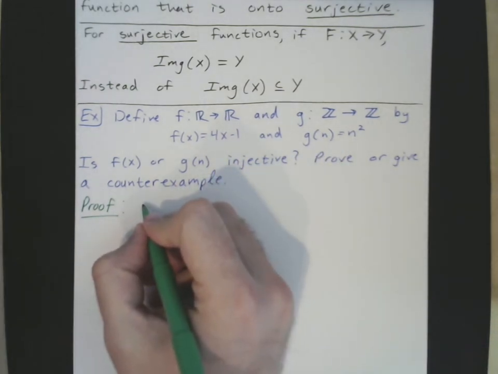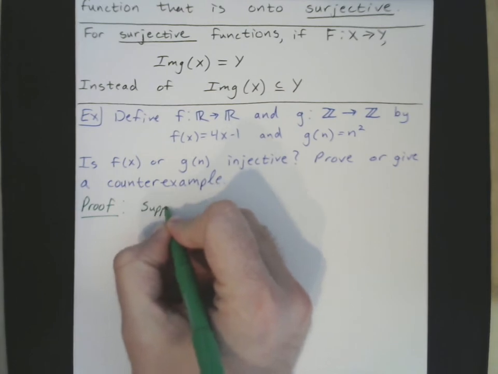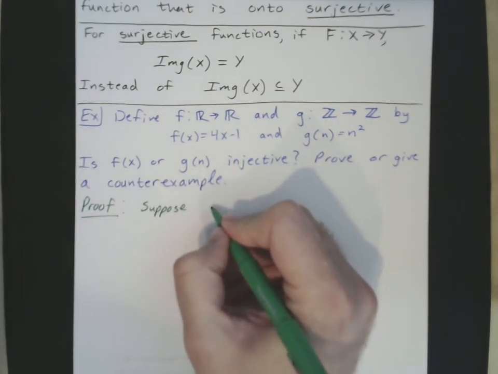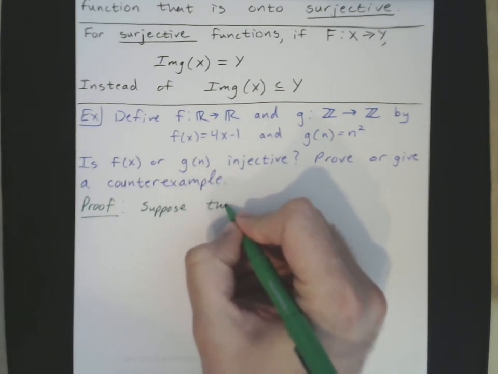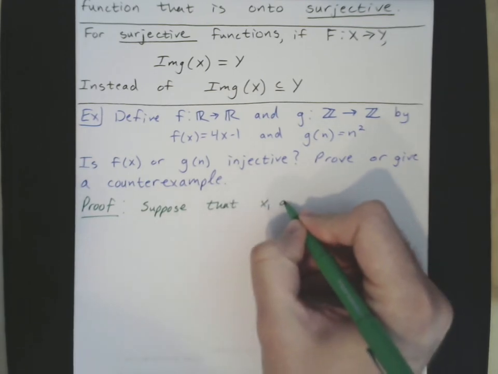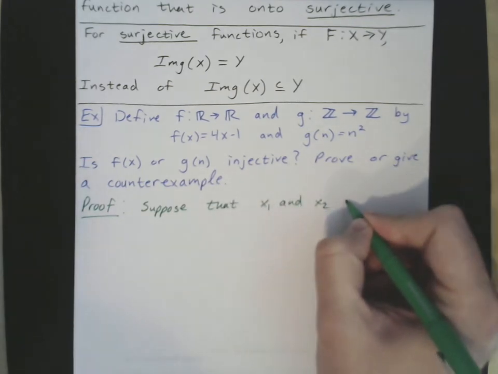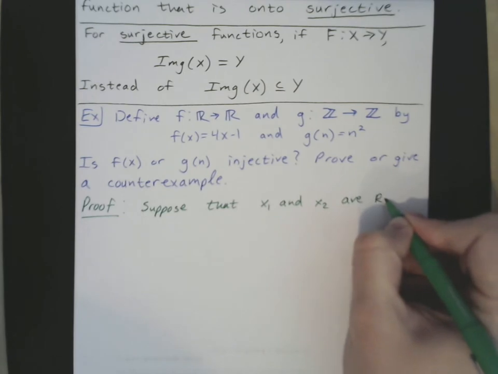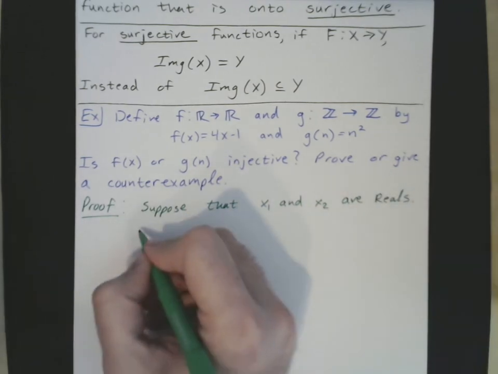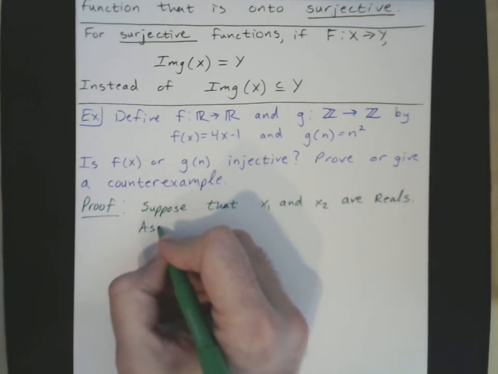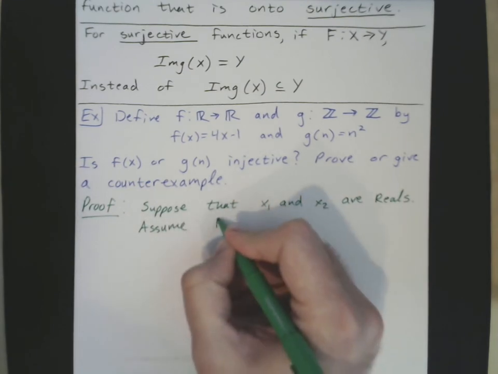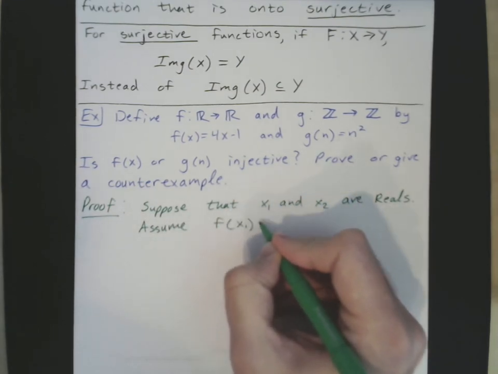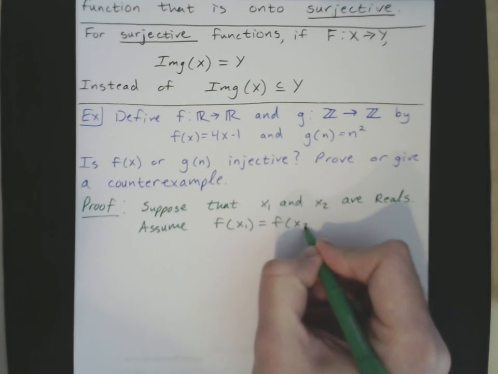So we are going to suppose that x1 and x2 are real numbers. Next, we're going to assume that f of x1 equals f of x2.